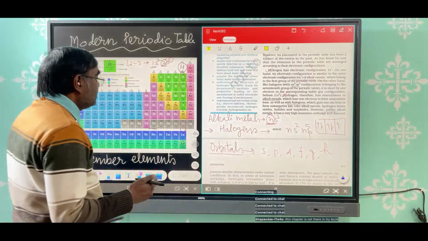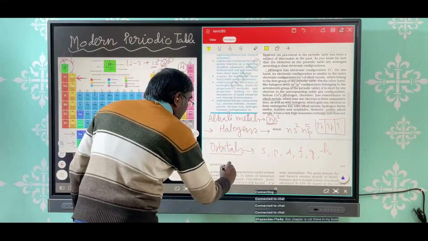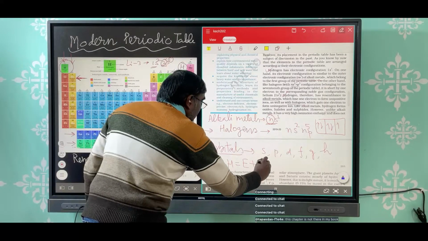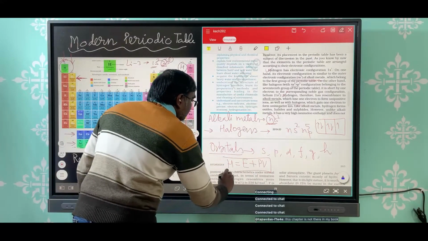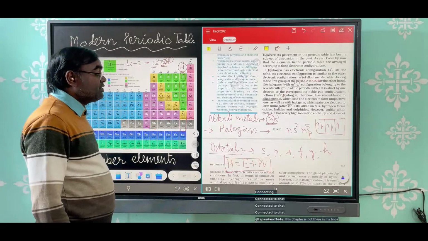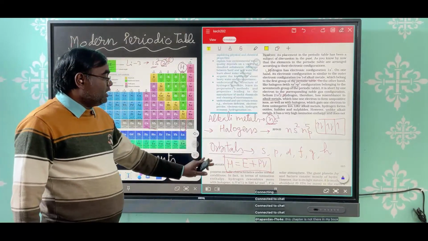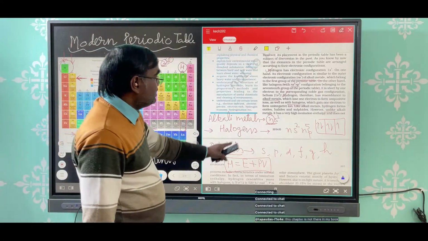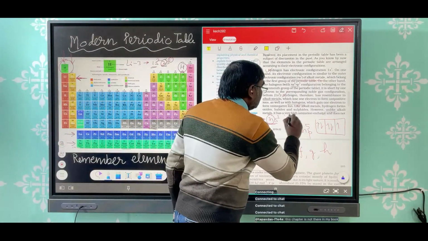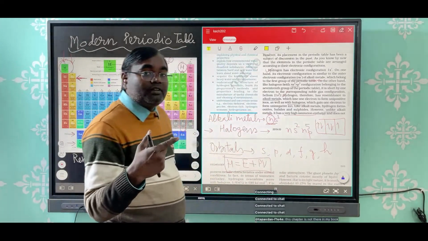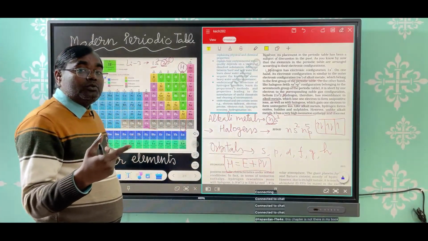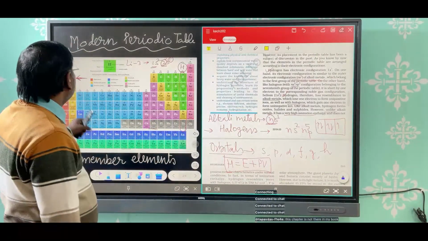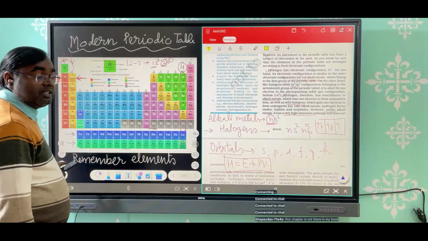What is enthalpy? Enthalpy is the total energy. Enthalpy H is E plus PV, internal energy plus work done PV, pressure into volume. So very high ionization enthalpy means it requires much more energy to be ionized in comparison to the alkali metals.